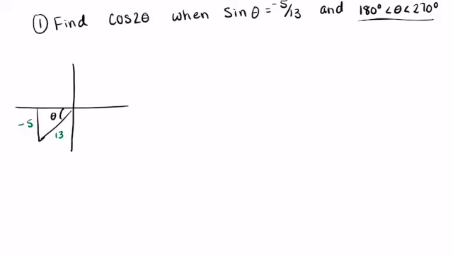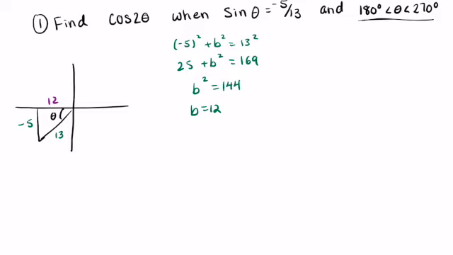And then we need to find our adjacent side. So we have -5 squared plus b squared equals 13 squared. 25 plus b squared equals 169. B squared equals 144, and b equals 12. So boom, we have all three sides of our triangle.